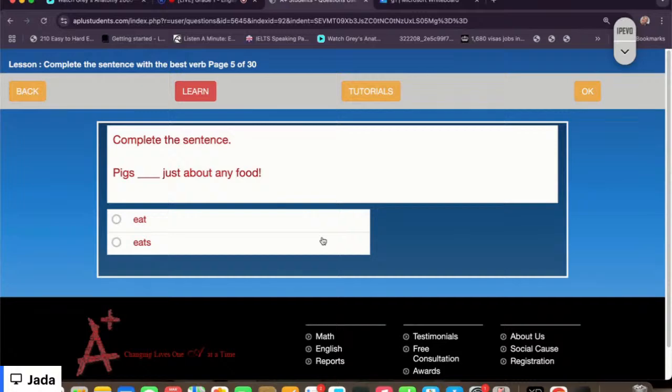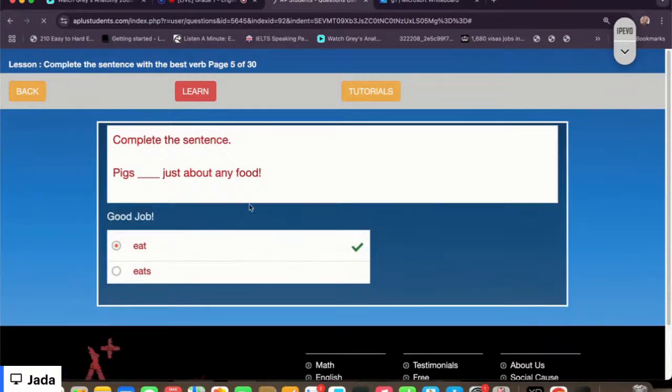All right, so pigs is more than one, so it'll be what? Okay, so pigs eat. You have to be careful when you are choosing the right verb.